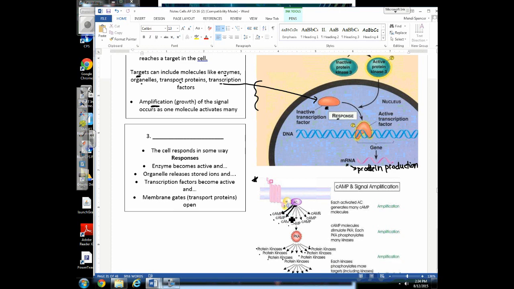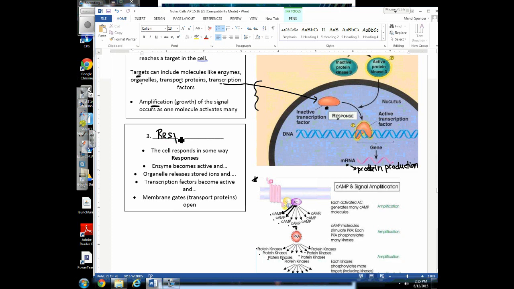And each cyclic AMP can activate many molecules itself. I think it shows that the cyclic AMP is activating 7 different protein kinases, and each one has the ability to do this. So the signal is growing because the number of molecules that are activated is increasing exponentially, because one molecule can activate many. And then eventually the cell is going to respond in some way.